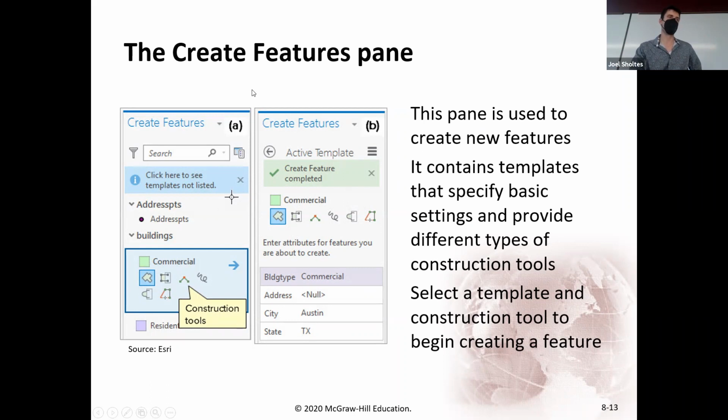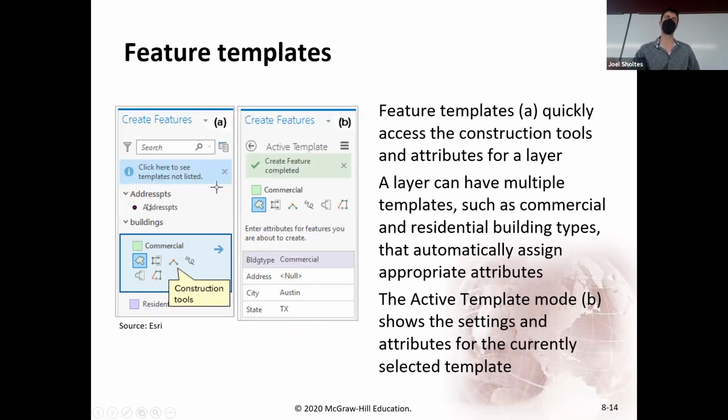Then you go to the create features pane, which will allow you to click on the particular thing. So say you made a new address points file, you click on that, and then you'll have some options to just start clicking and adding points where you want to. Here's a polygon file, and you can click on that and you get different tools for drawing the polygon.